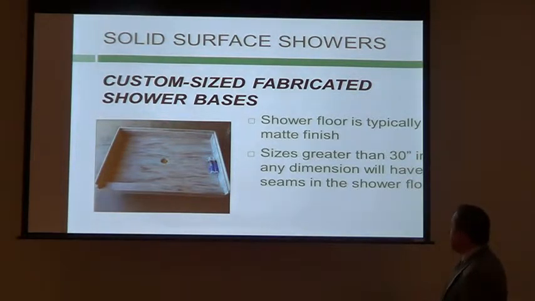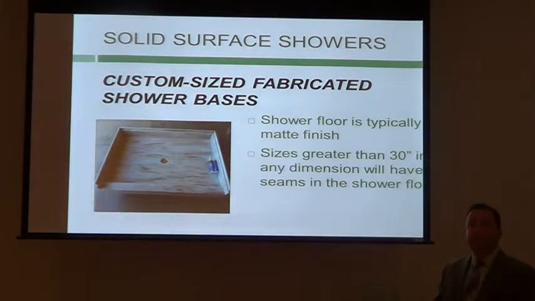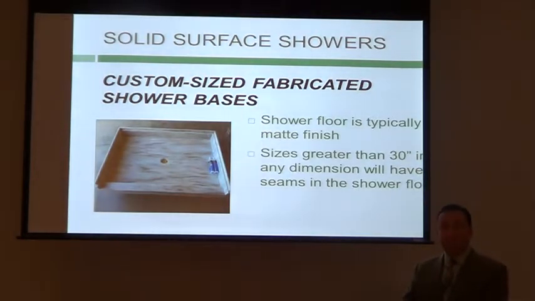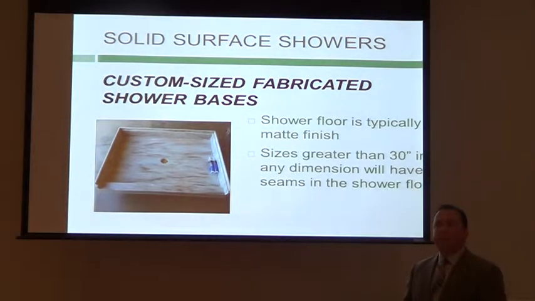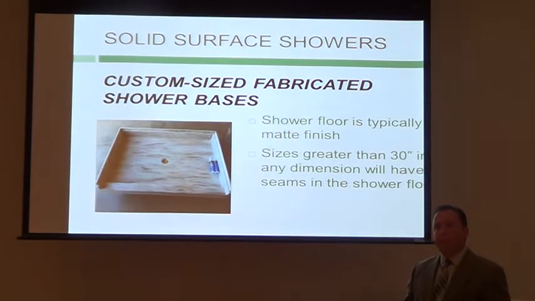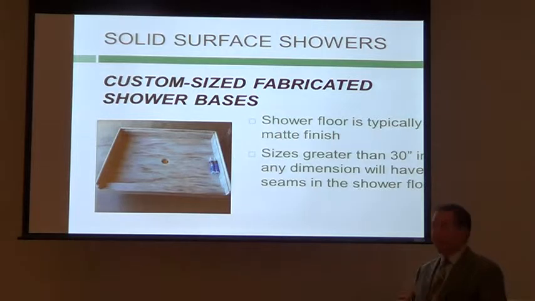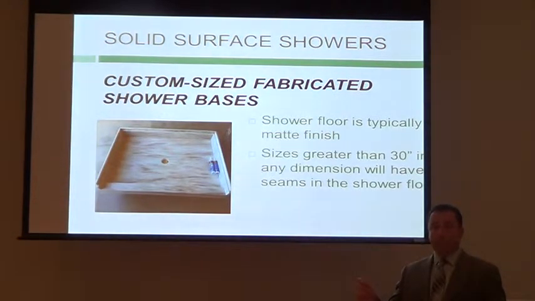If the sizes are greater than 30 inches in any one dimension, they are forced to seam the two sheets together. Now this is kind of important for a variety of things, and I don't know all your background entirely, so I'll just assume that you don't know everything. 30 inches. Anybody want to guess why a manufacturer creating sheets that go to the distributor, then to the fabricator, likes that 30-inch width?